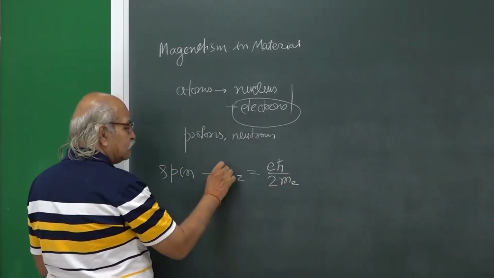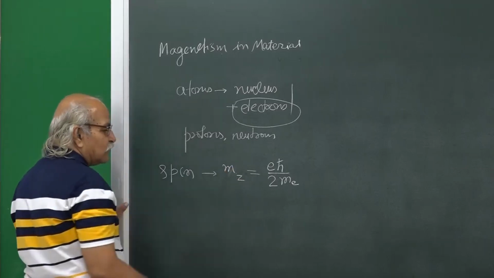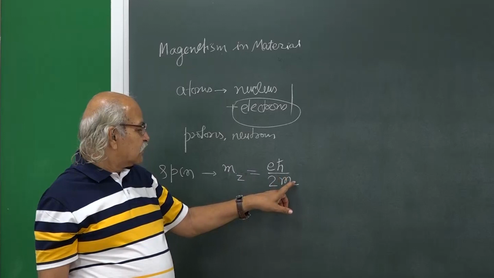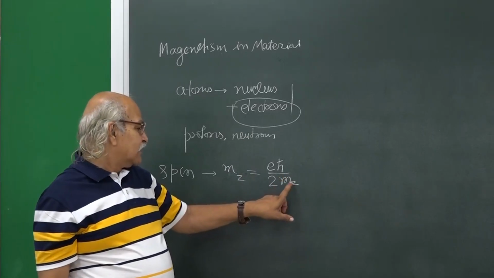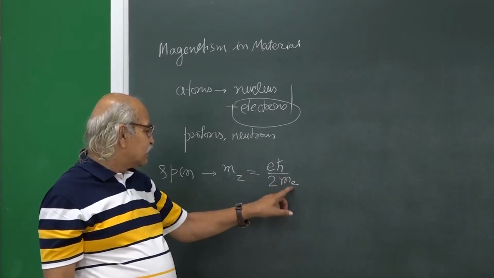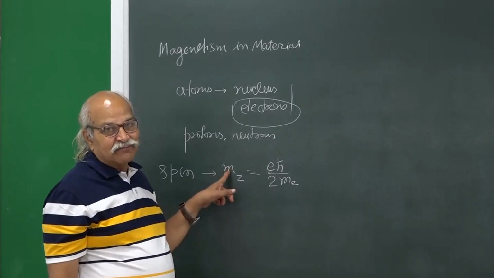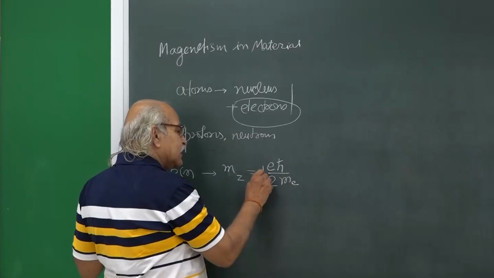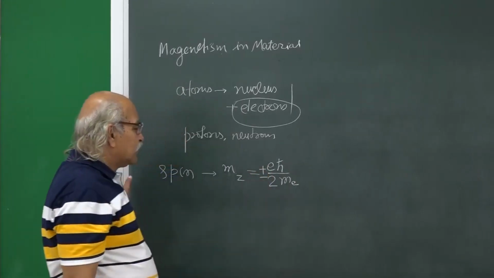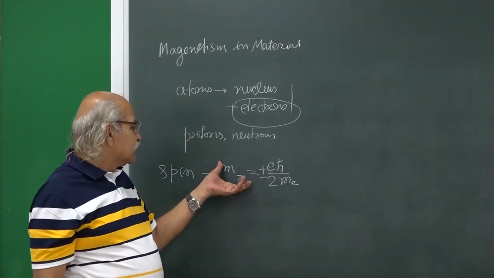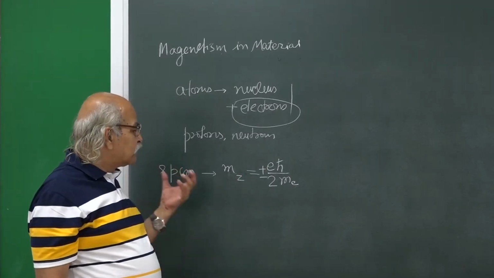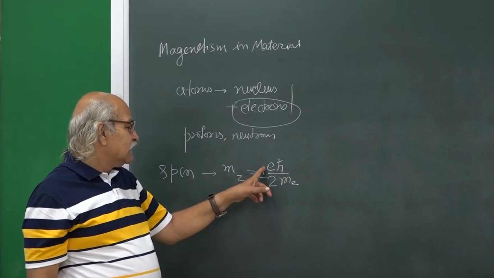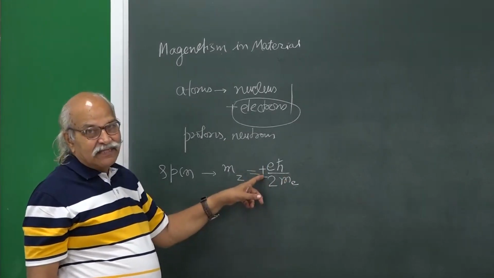We have used m for our magnetic moment. This small m is also used for the mass, but then we can always put this e to tell that this is the mass and this is the magnetic moment. Okay. So, it is this or it is negative. The z component of the magnetic dipole moment corresponding to the spin property of the electron is either this with a plus sign or with a minus sign.